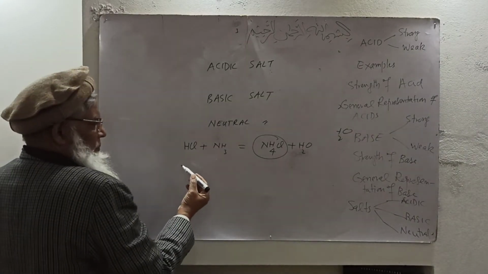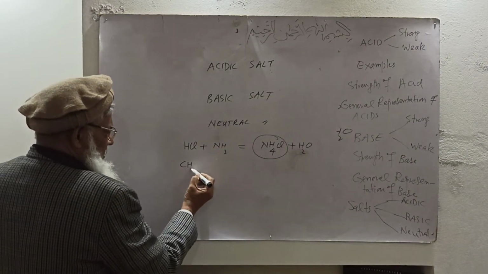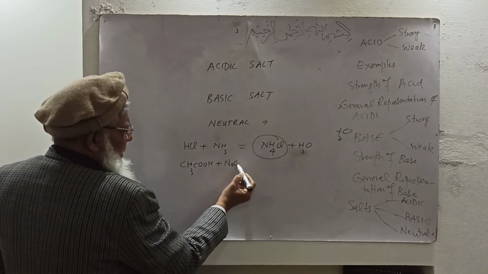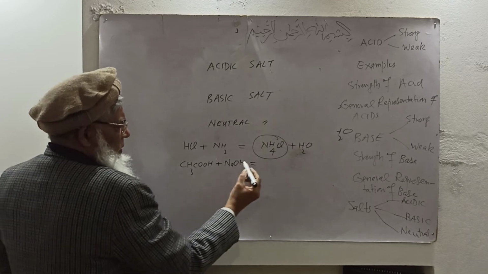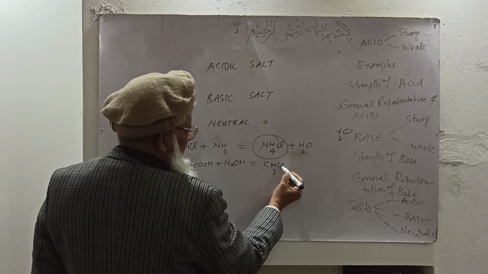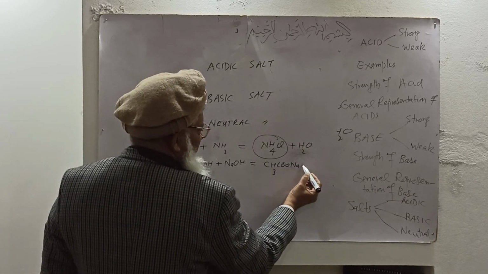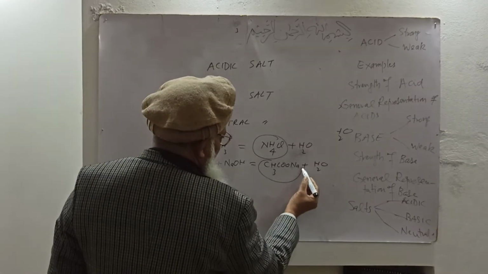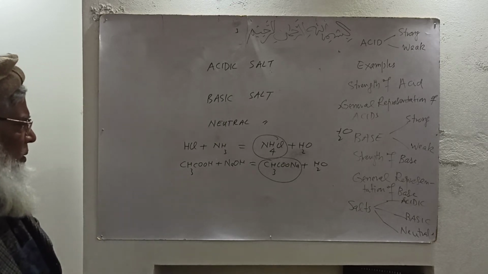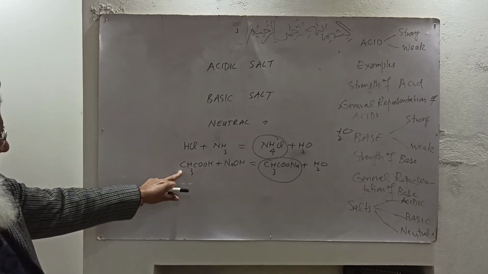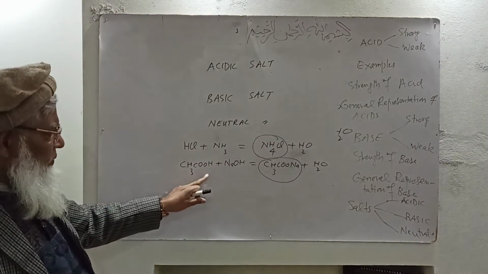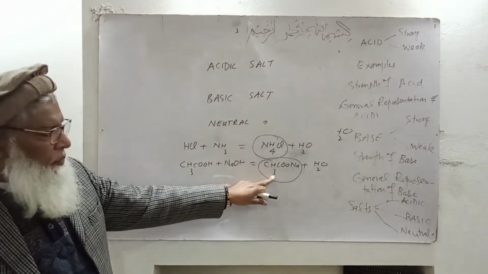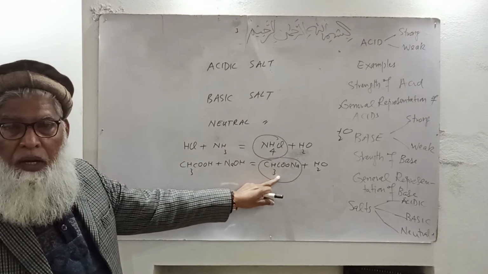In the case of a weak acid like acetic acid with sodium hydroxide, a strong base, the salt produced is sodium acetate. This sodium acetate is a salt formed by the neutralization reaction of acetic acid, a weak acid, with a strong base. So it is a basic salt.